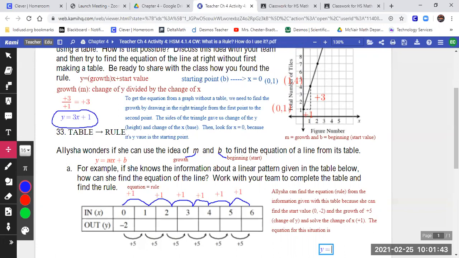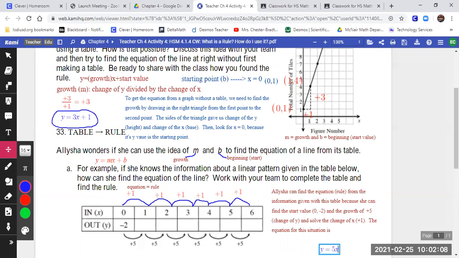What's our equation based on our growth and our start? What would we say the equation was for this situation? Based on our growth and our start, what would we say our equation is for this situation? Yeah, -2. Yep.